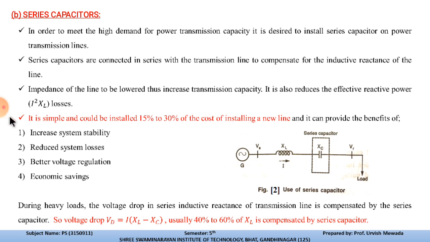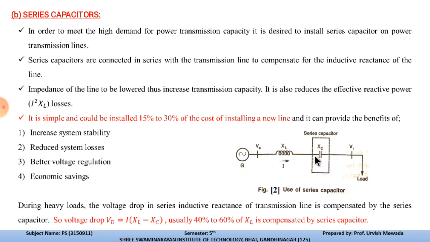So in the previous case, the capacitive effect was present, and due to that the Ferranti effect occurred, meaning the receiving end voltage was raised, because a capacitance was created between line and ground, and so the receiving end voltage increased due to the charging effect of the transmission line.